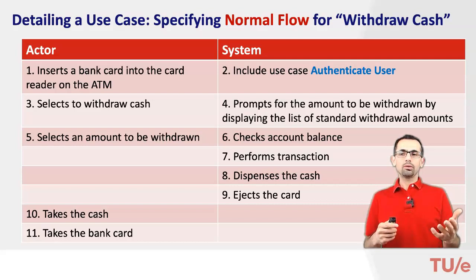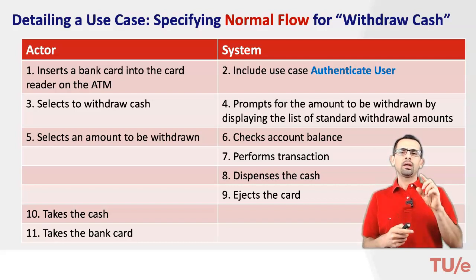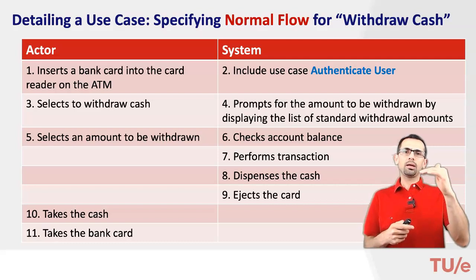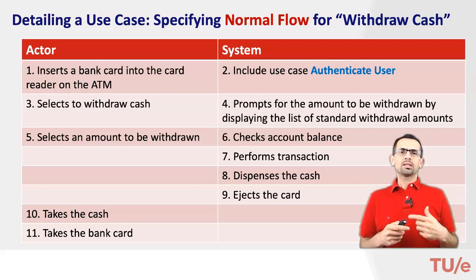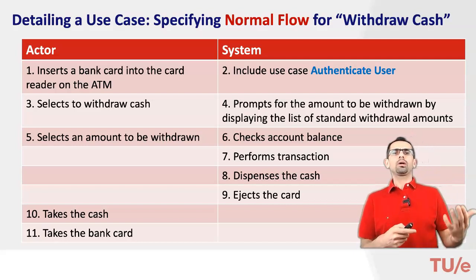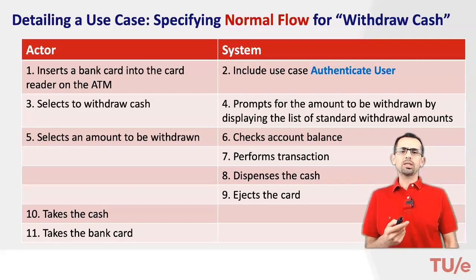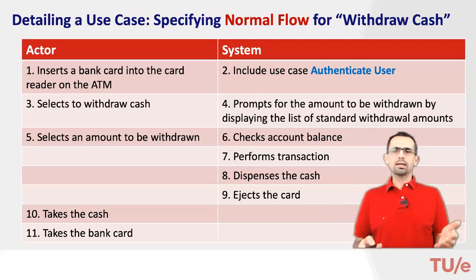What is very important here is that in the part where the system activities or responses are listed, you would not see something that tells exactly how that response is being generated by the system. This is out of the scope of a use case diagram. So it dispenses the cash.